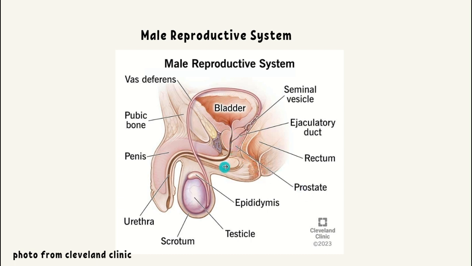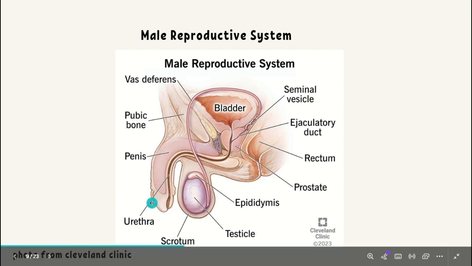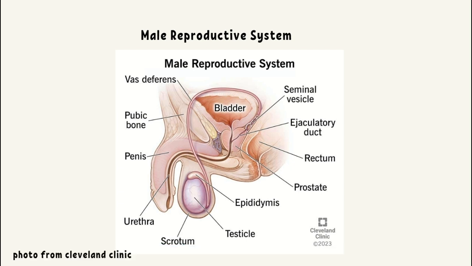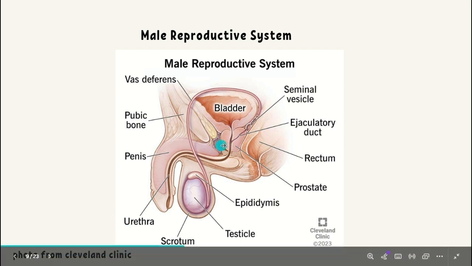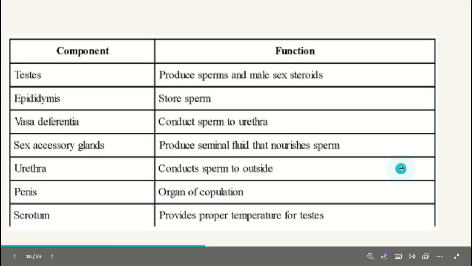The prostate adds fluid to the semen right here, and then the scrotum is just a sack of skin that holds the testes and helps to regulate their temperature, right? And then this is pretty much self-explanatory. It's basically the opening where urine, semen, everything passes through the penis.